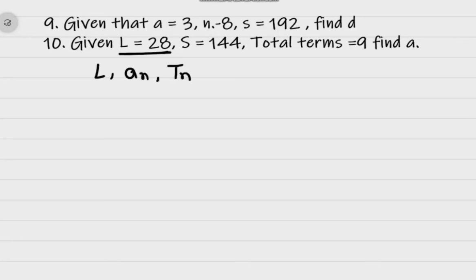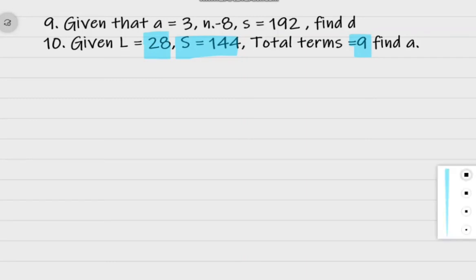So don't confuse. L means last term. Now S means sum of all the terms is 144. Sum of all terms is 144, total terms n is equal to 9 and L is equal to 28, and you have to find the value of a.